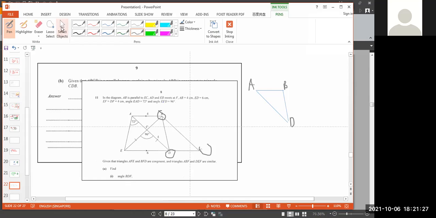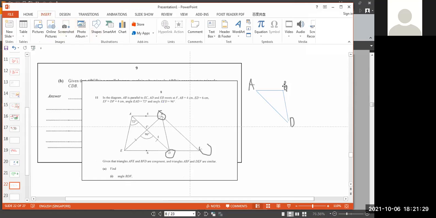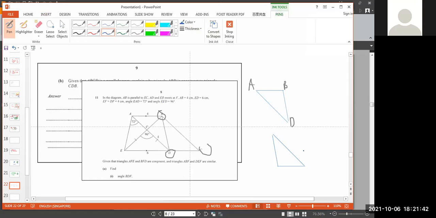Okay, let me just get it out. Okay, so the question now is whether they are congruent or not.